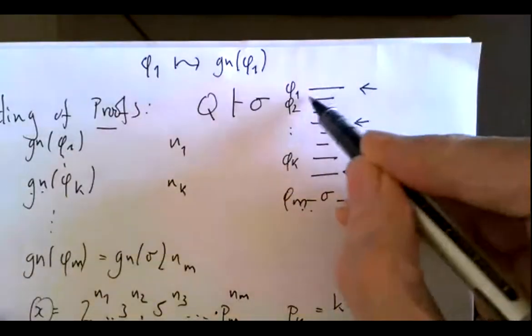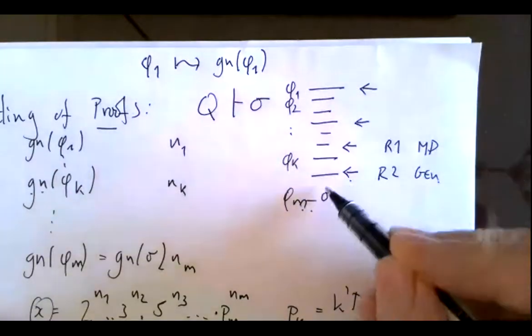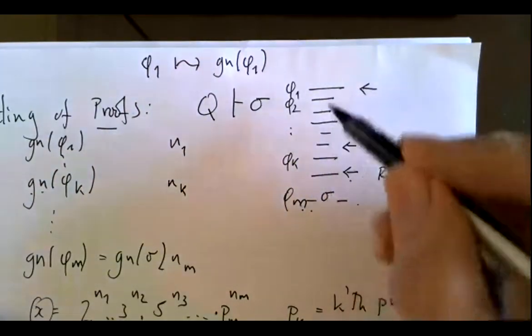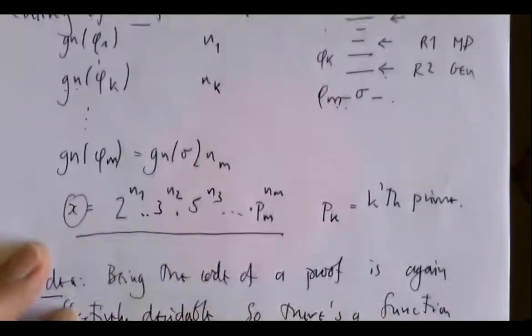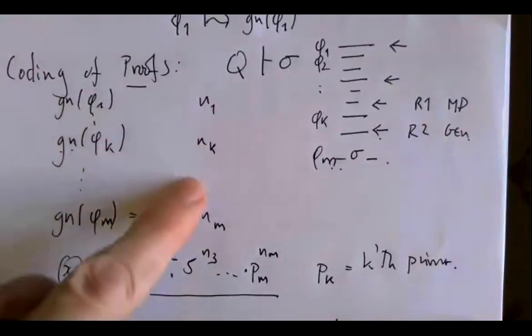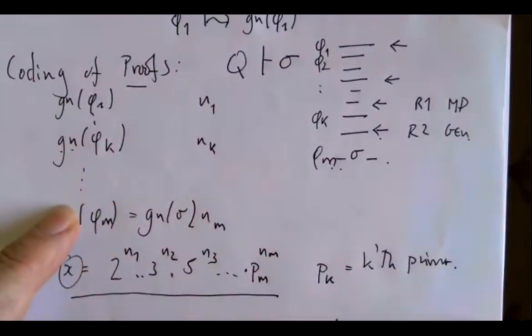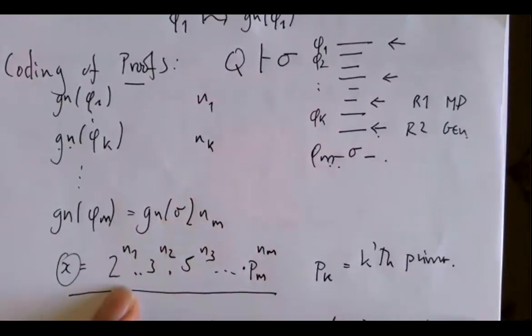So with that idea, we then thought about proofs. A proof is a finite list of formulae, or if you like, a finite string of Gödel numbers. And we looked at how we could code a whole string of Gödel numbers, using the simple idea of primes.